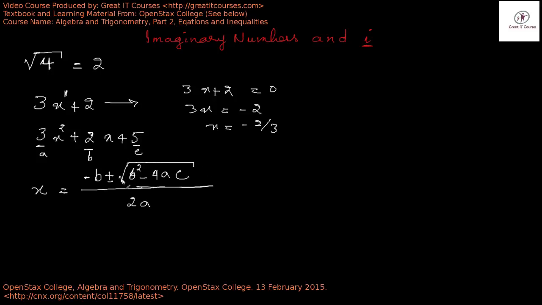Now it looks like our problem is solved, and we can solve for x in our quadratic equation. But sometimes the problem is in the part where you have the square root of b squared minus 4ac. Once you substitute the a, b, c values and calculate the square root of b squared minus 4ac, sometimes the value of b squared minus 4ac becomes less than 0.